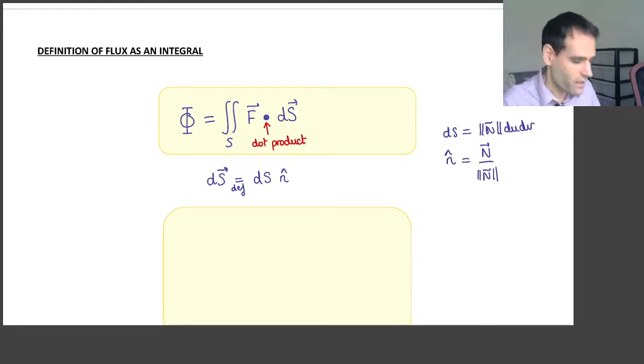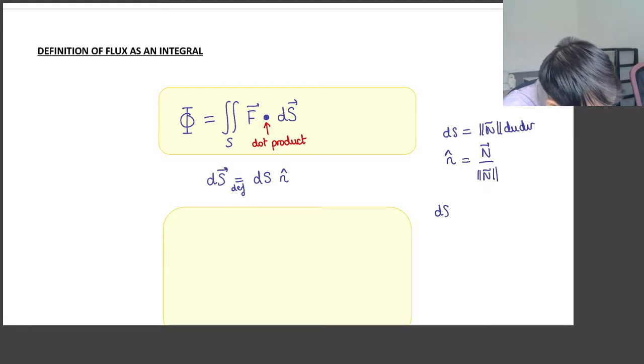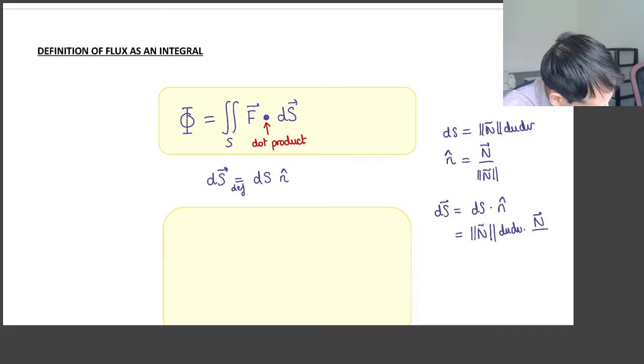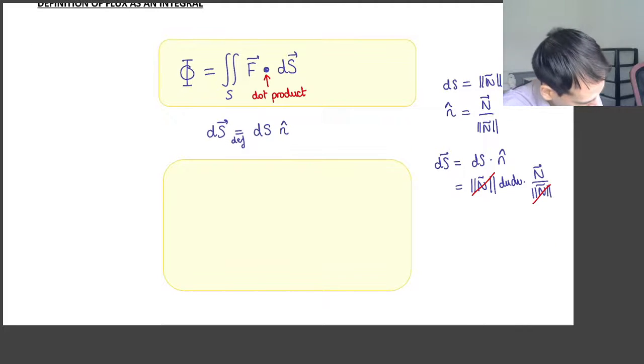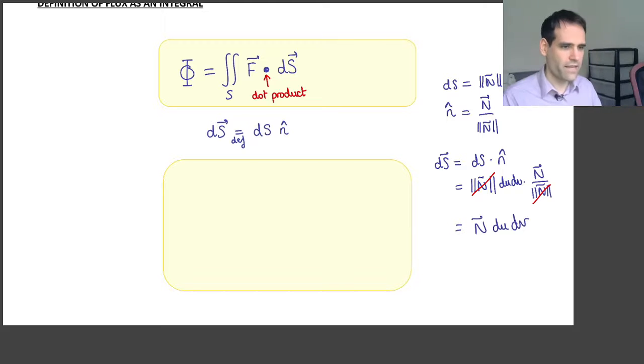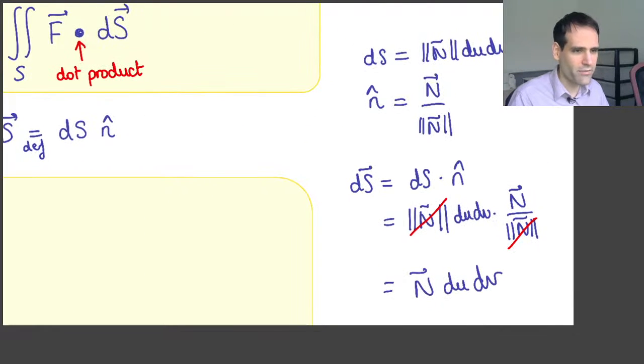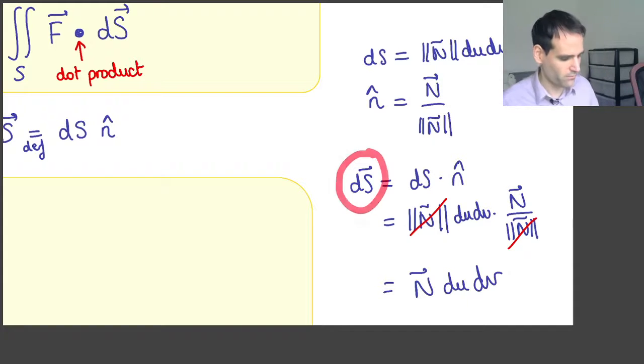And therefore, if you want to find dS vector as the product of dS times n hat, then you are getting the norm of n times du times dv times n vector divided by the norm of n, which means that the norms of n cancel out, and you end up with n times du times dv. So I hope this mathematical argument convinces you of the way to calculate this dS vector.